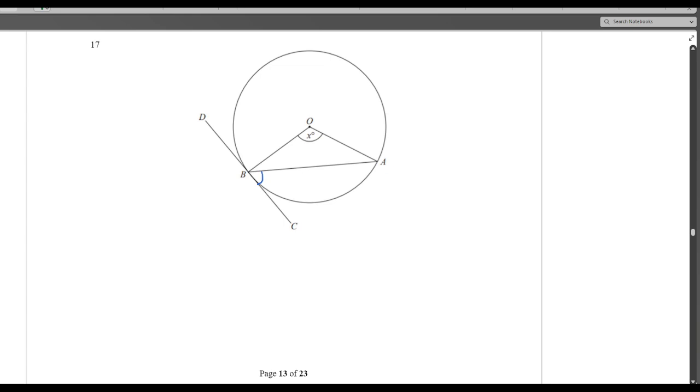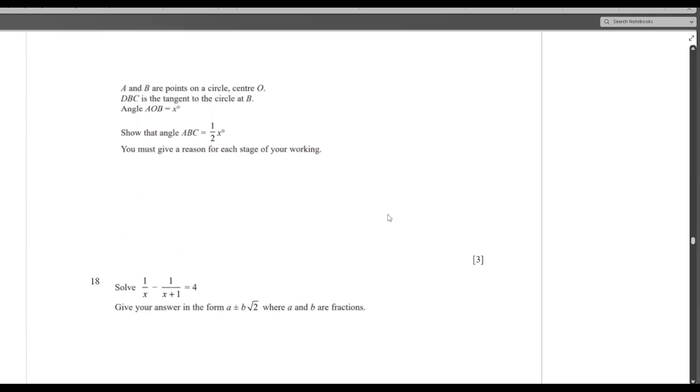First understand that this angle and this angle are going to be the same. Let us consider these two. Why are they the same? Because this is your radius, this is also your radius. So this is an isosceles triangle, and in an isosceles triangle the angles opposite to equal sides are equal.